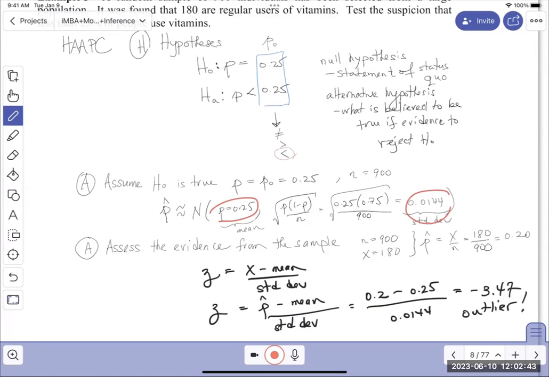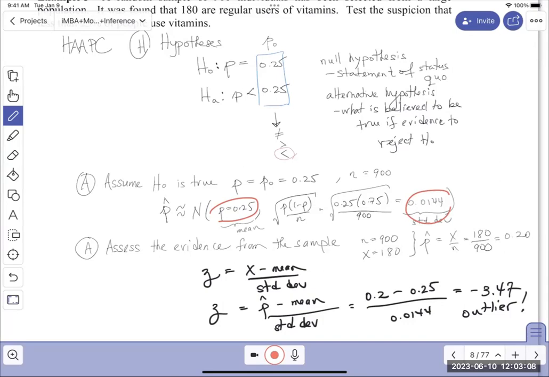It's an outlier. So from what we've known so far, I'm going to teach you a little bit more about how to be precise in your reporting, but this is evidence against the assumption. This is evidence that we found something bizarre in our sample. It's not that there's something wrong with the sample, it's something wrong with the assumption.